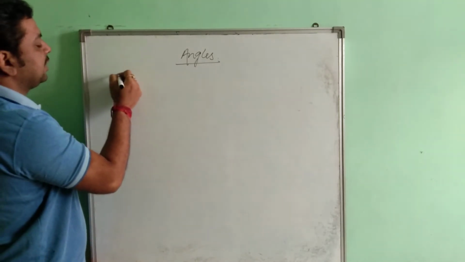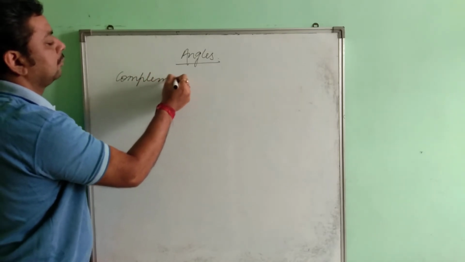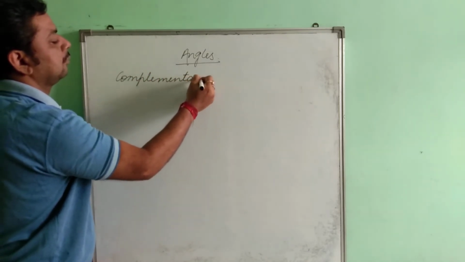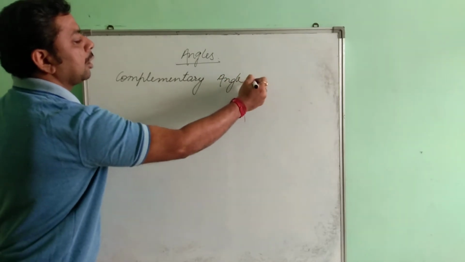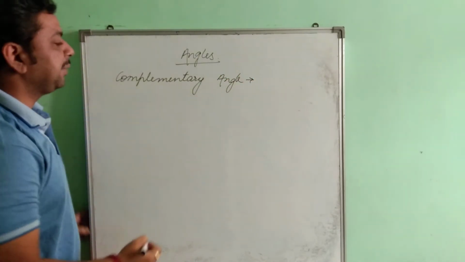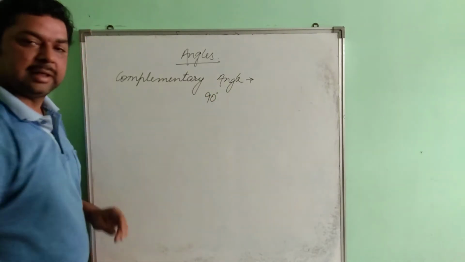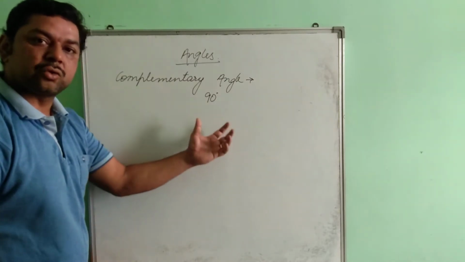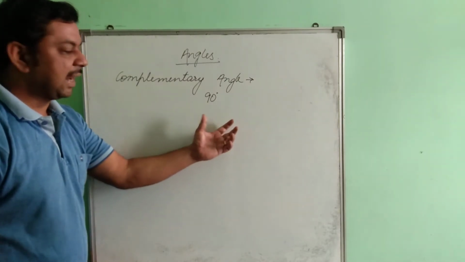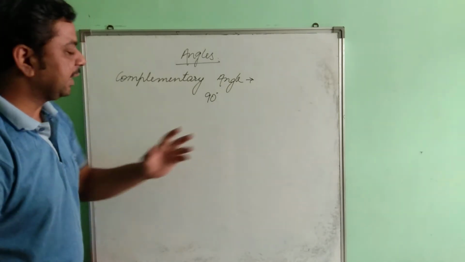Now we are going to see our complementary angle. When we are talking about the complementary angle, it will always be 90 degrees. Clear? That means you are going to combine two angles together, and the sum of the angles should be equal to 90 degrees.